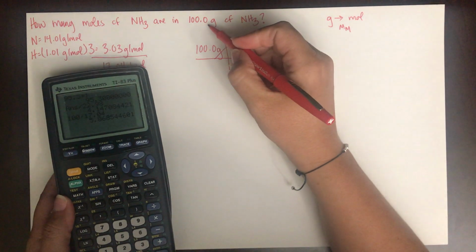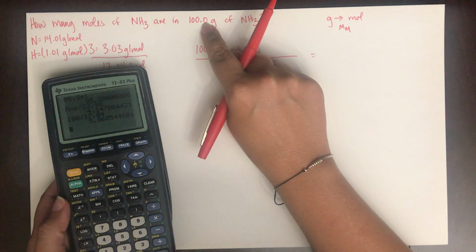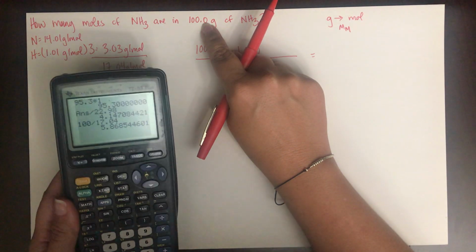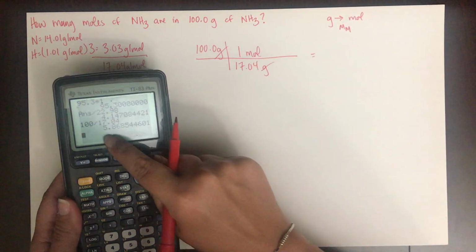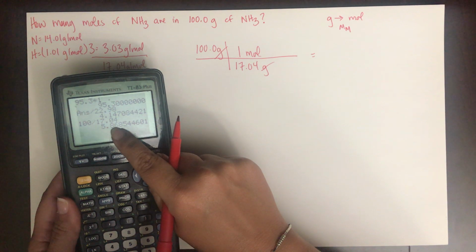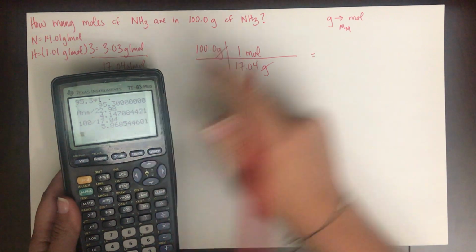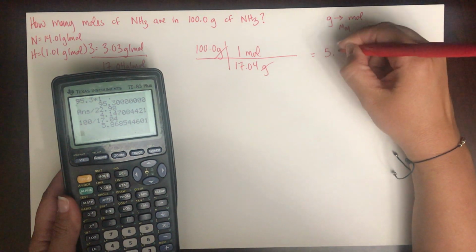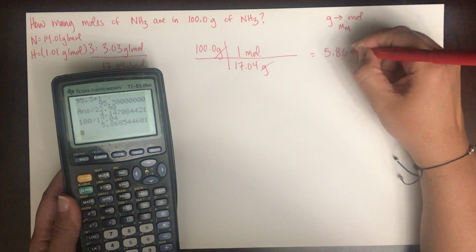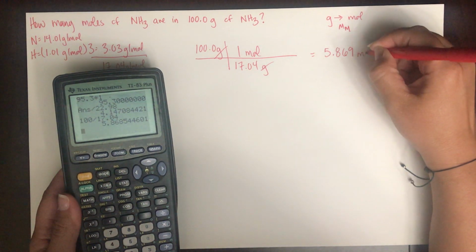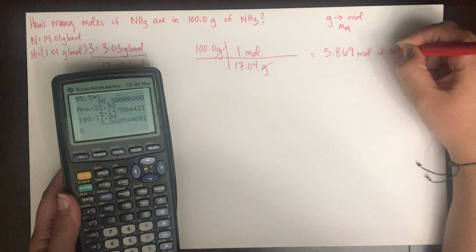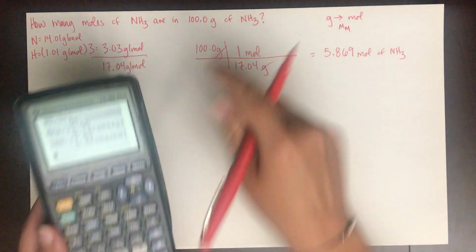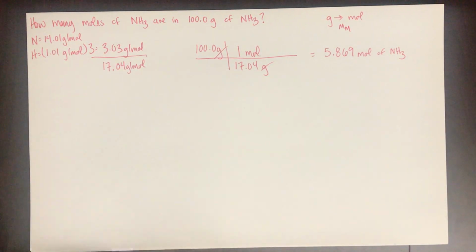The answer should have 4 significant figures because 100.0 has 4 significant figures. So 1, 2, 3, and then I look here, I'm going to round up. So 5.869 moles of ammonia are in 100 grams of ammonia.